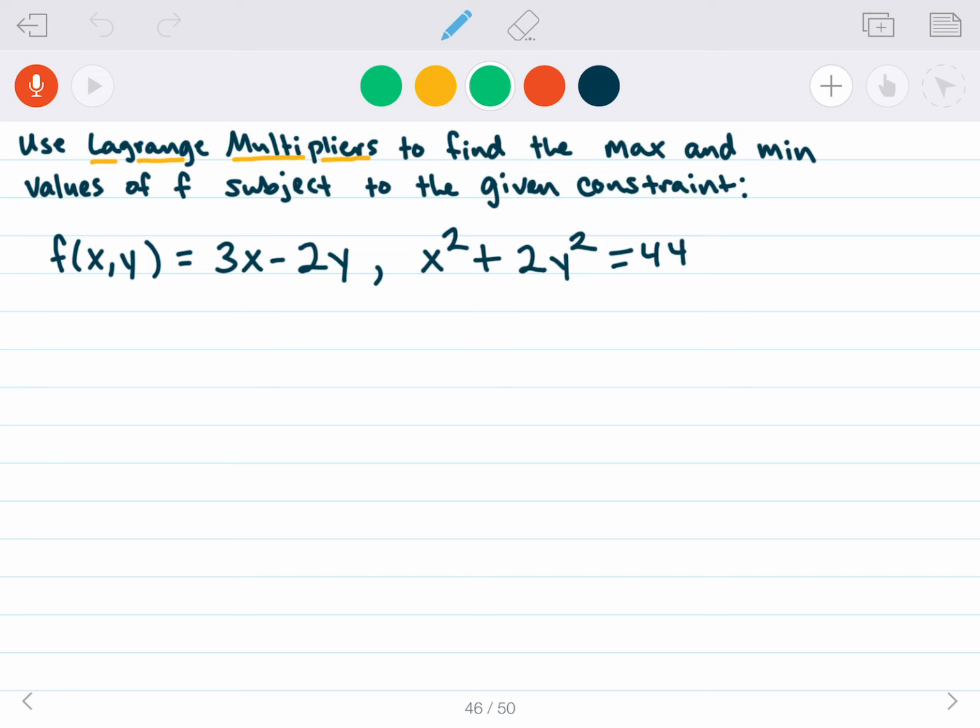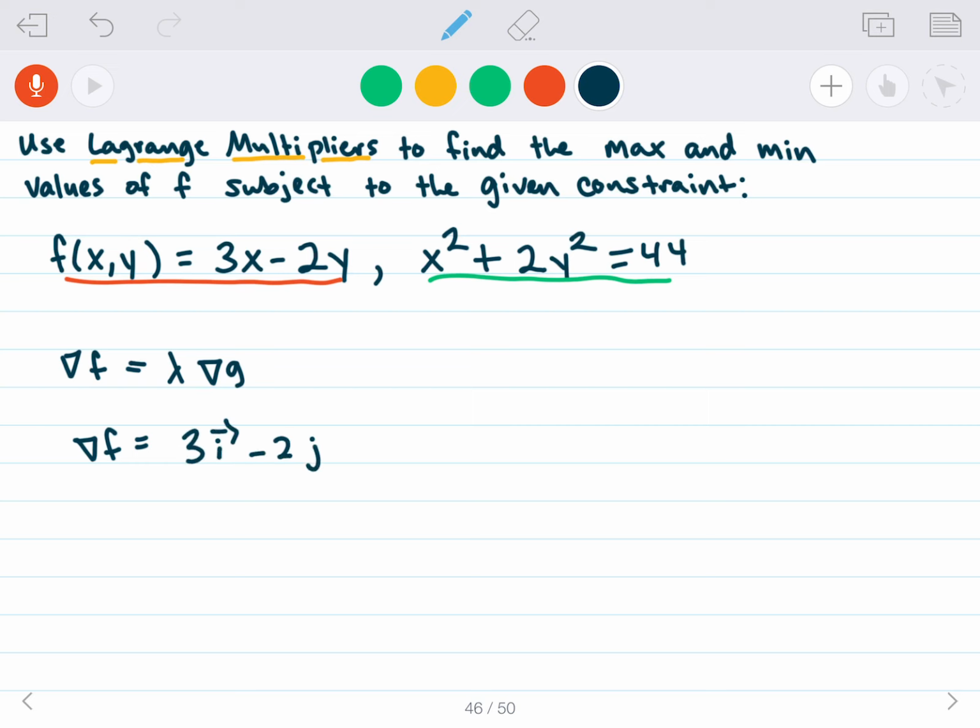Alright, so let's use Lagrange multipliers to find the max and the min subject to the given constraint. Again, we're given a surface right here, and then we're given a constraint right here. First thing, as usual, we're going to set up our gradient equations. We have gradient of f is equal to lambda gradient g. The gradient of f is the gradient of our surface, so that's just going to be 3i minus 2j.